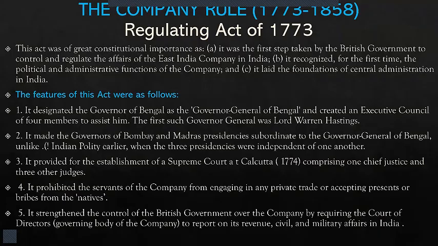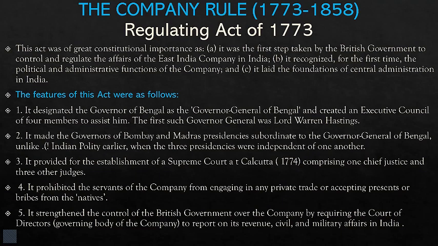It was the first step taken by the British government to control and regulate the affairs of the East India Company in India. When the Britishers arrived in 1608, till 1773, all the functions related to the East India Company were handled by the employees only.